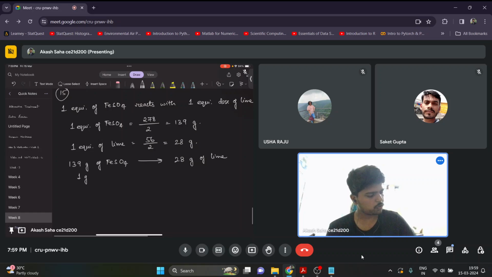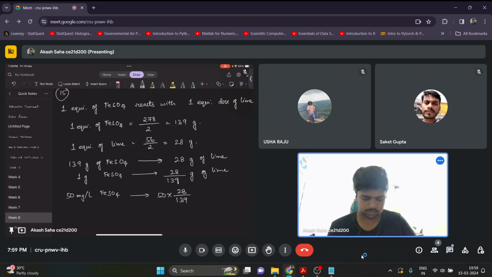So 1 gram FeSO4 will react with 28 by 139 gram of lime. We have a dose of 50 milligram per liter FeSO4, so it will react with 50 into 28 by 139, that is equal to 10.07 milligram per liter of lime.